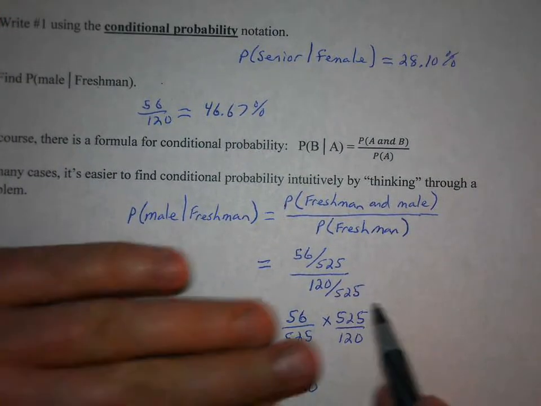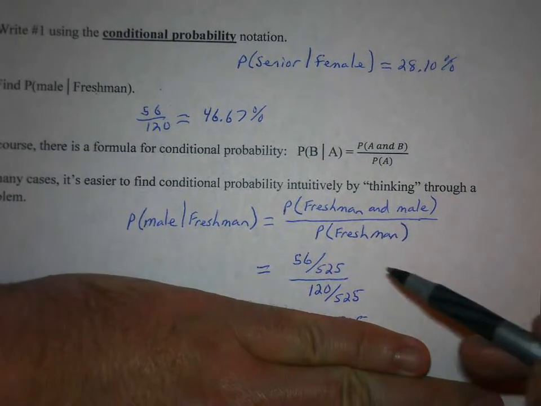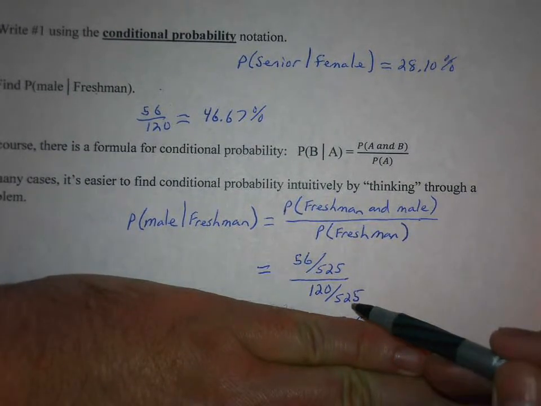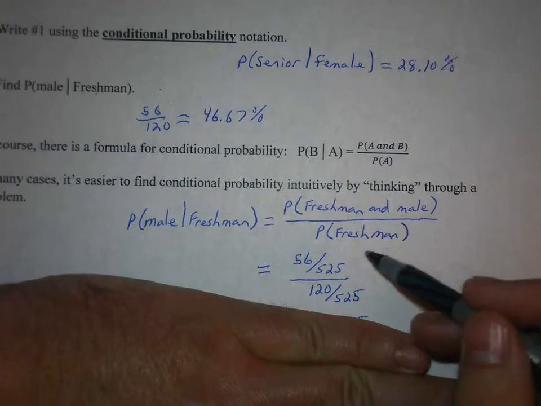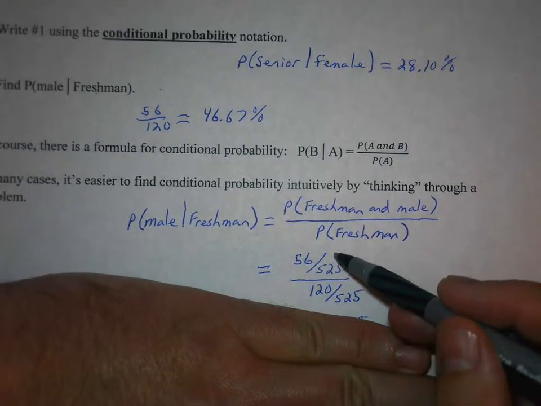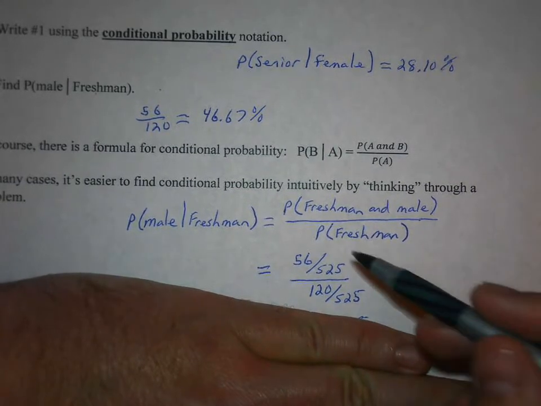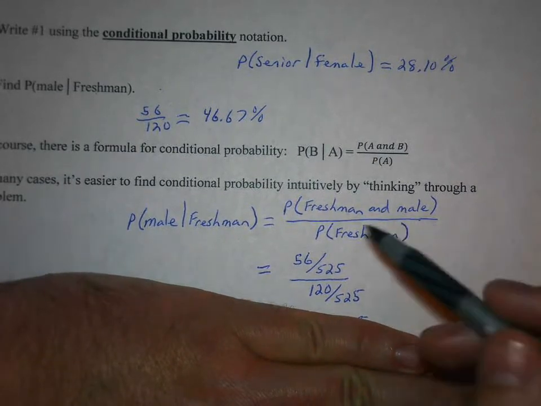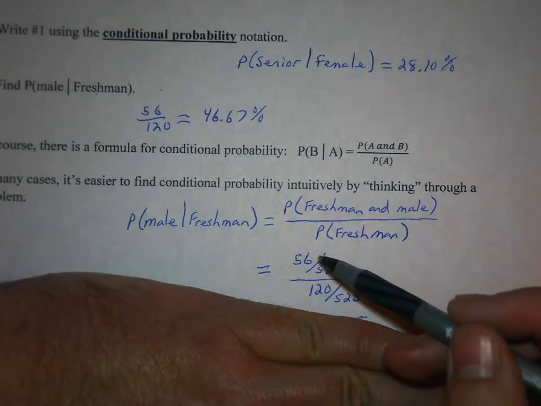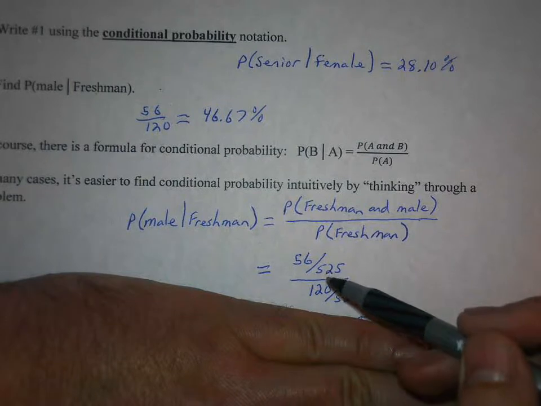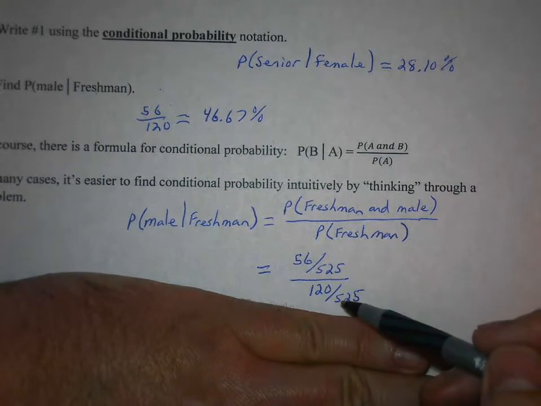So now what you have is a fraction divided by a fraction. If you remember those math rules, when you divide fractions, copy, change, flip, or copy, change, opposite. Teachers will tell you different things. But you keep the top fraction the same, and then dividing turns to multiplying by the reciprocal.